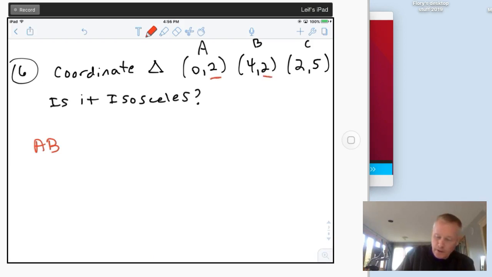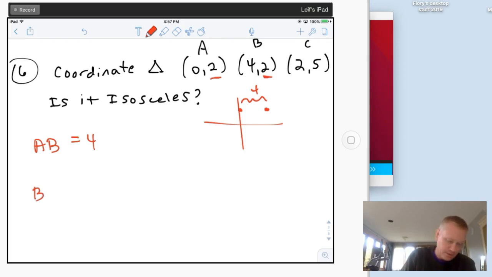look at that, this is one of those easy ones, because 0, 2 is here, and then 4, 2 is over here, which means my distance is 4. So I'm going to take the easy way out and not use the distance formula there.